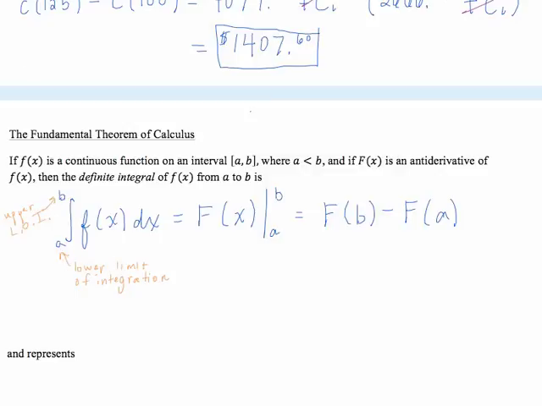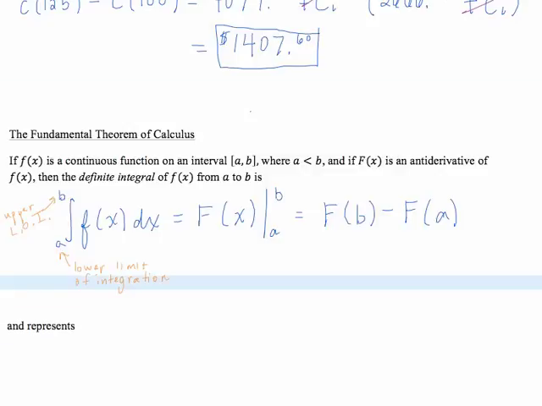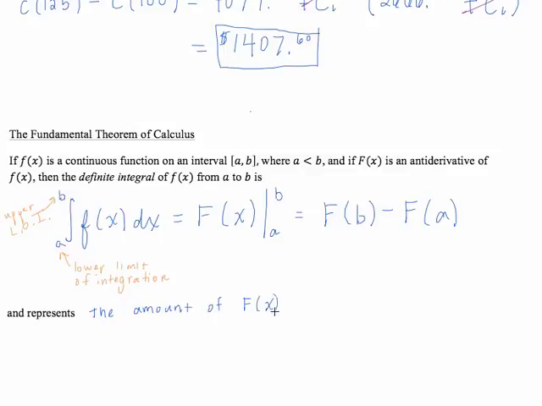And what does this definite integral here represent? Well, it represents the total amount of capital F, that is the antiderivative of the little f, that is accumulated. Let me rewrite that.